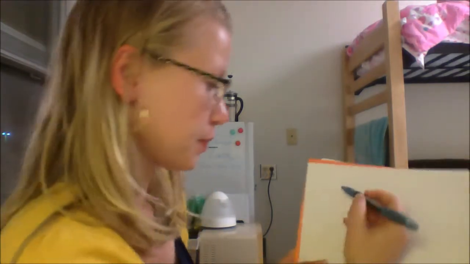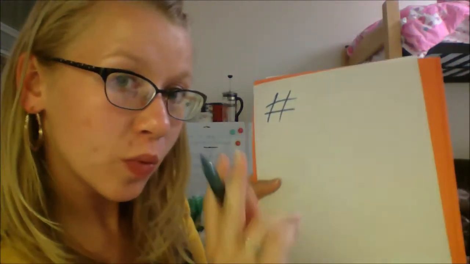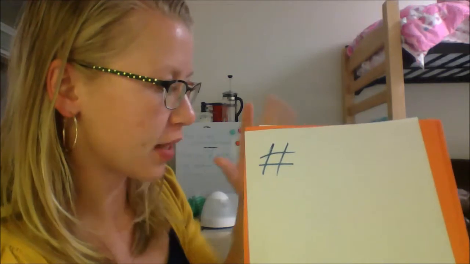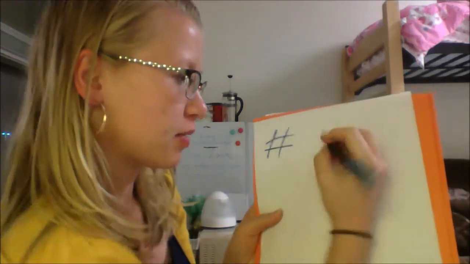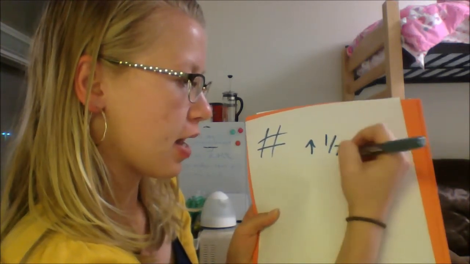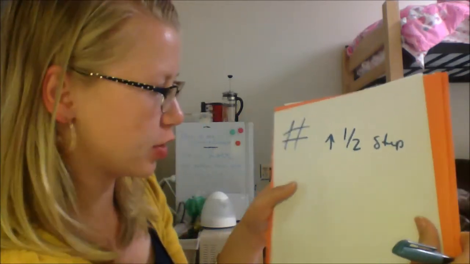So the first thing I'm going to talk about is sharp signs. This is a sharp sign. Hashtag sharp sign. Woot woot. Now, a good way that I like to remember that sharp signs raise the pitch by a half step. Okay, up by half step when you see a sharp sign.